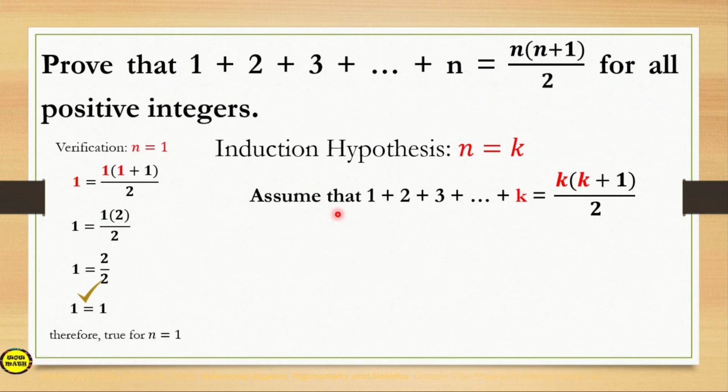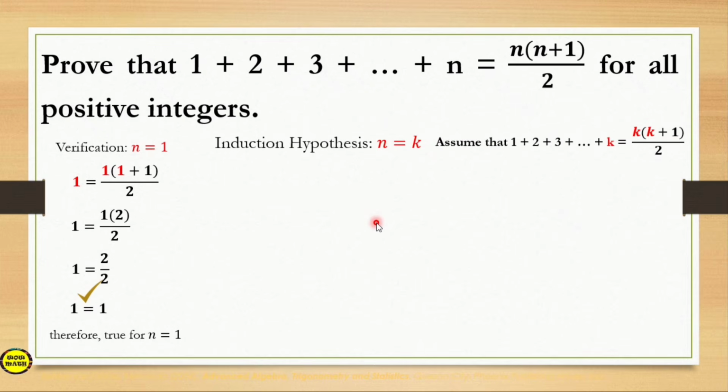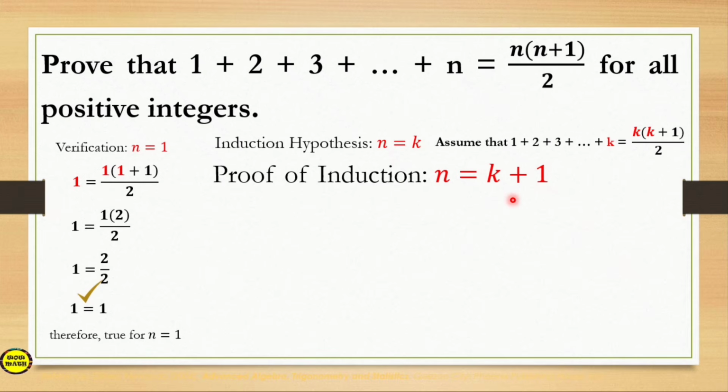Since ito ay assumption, hindi pa natin alam na ito ay true. So, iprove natin gamit yung n is equal to k plus 1. Again, i-show natin na ito ay true for n is equal to k plus 1.